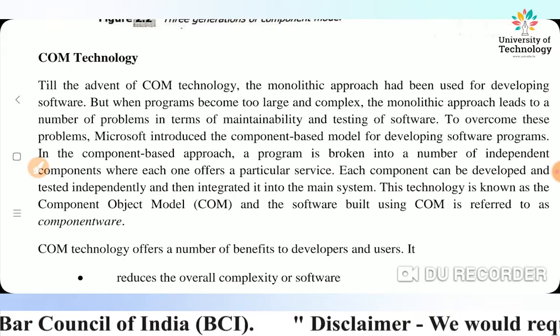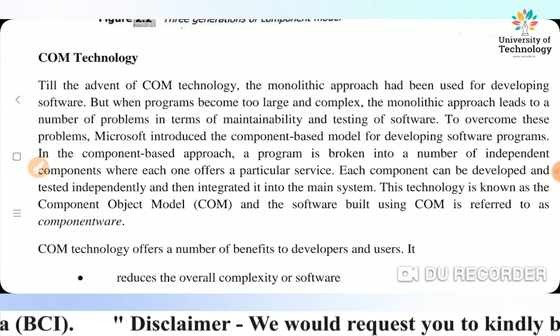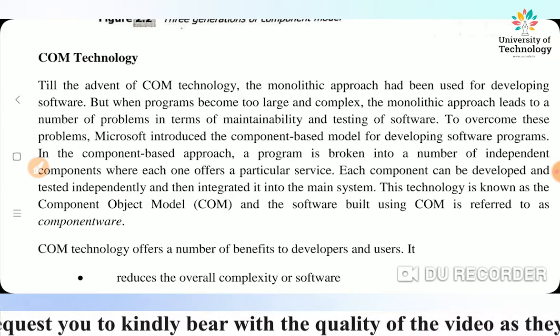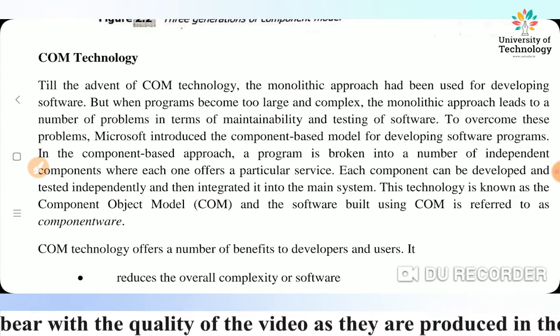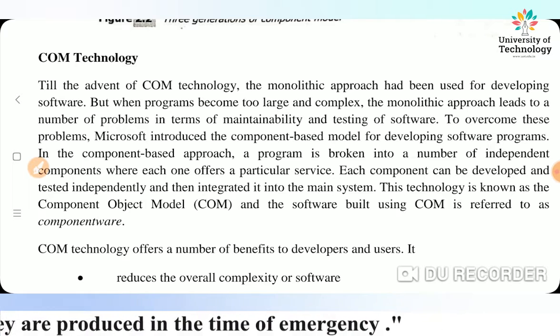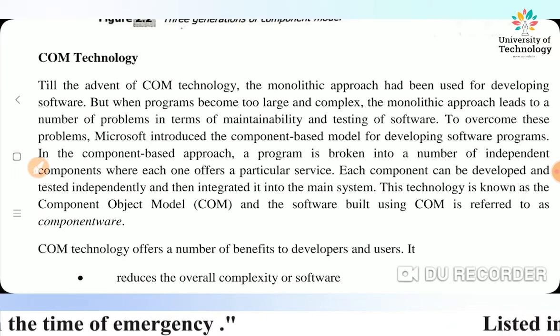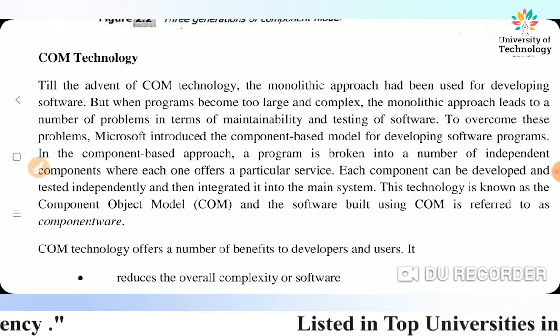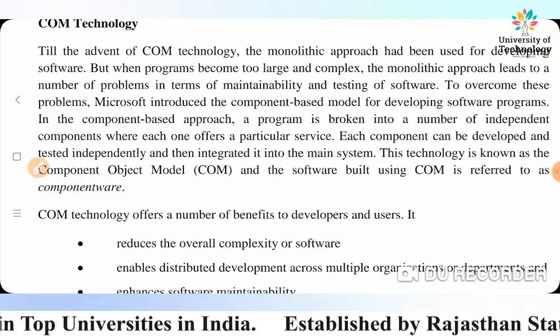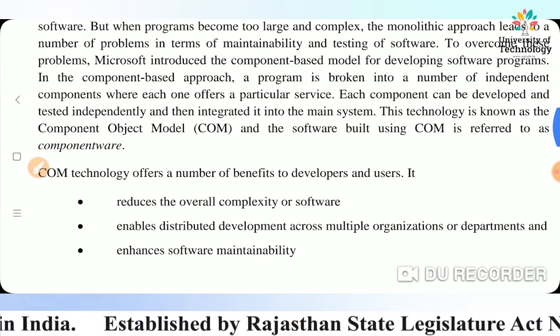Each component can be developed and tested independently and then integrated into the main system. This technology is known as Component Object Model (COM), and the software built using COM is referred to as componentware.